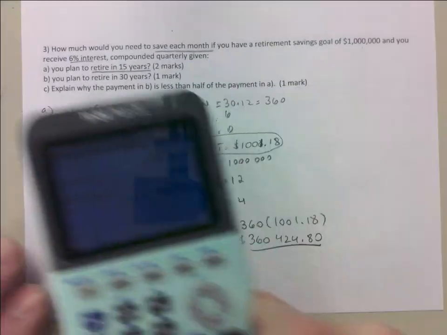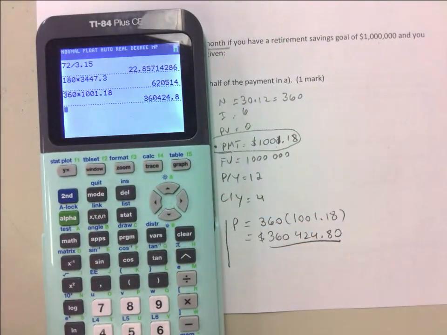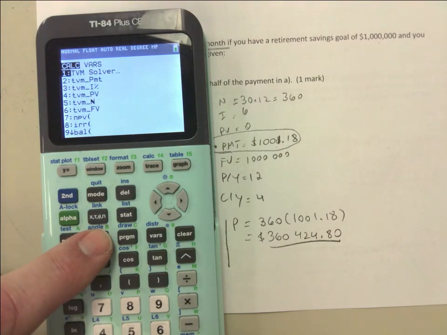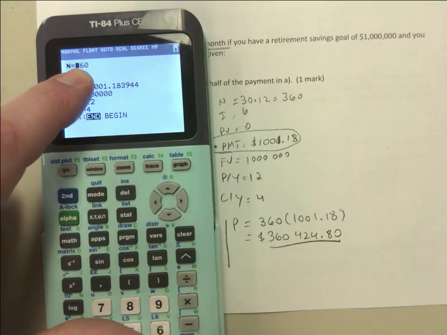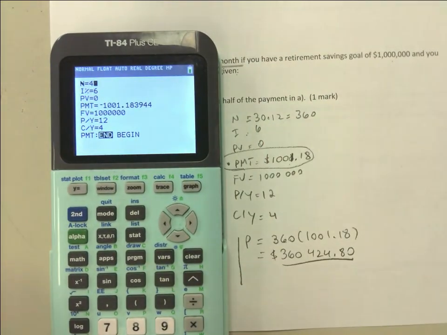Because these numbers are already on our calculator, let's go to the apps. And instead of 30 times 12, I'm going to go 47 times 12. How much do you have to put in every month? Let's see. Even less. $322 a month to get $1 million by the time you're ready to retire.